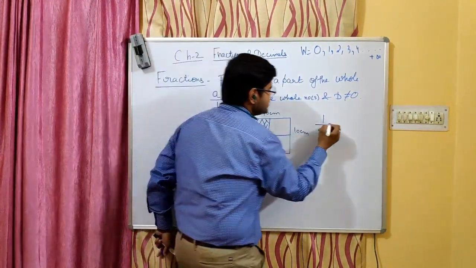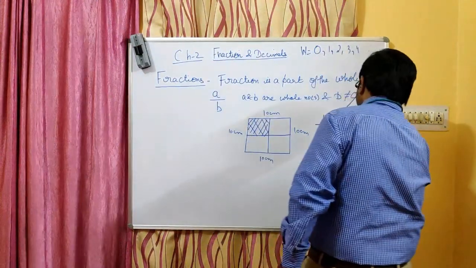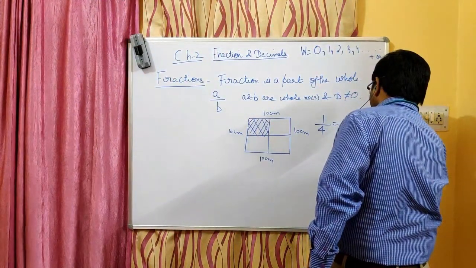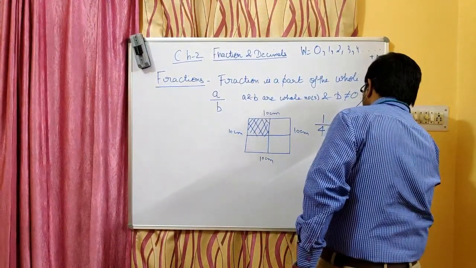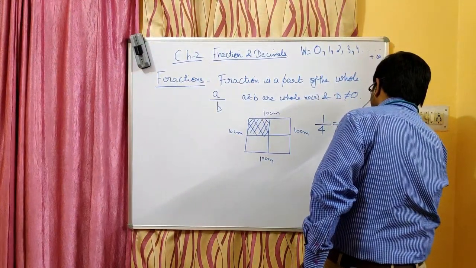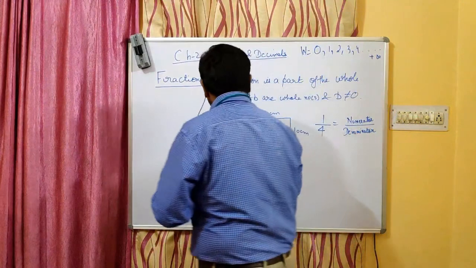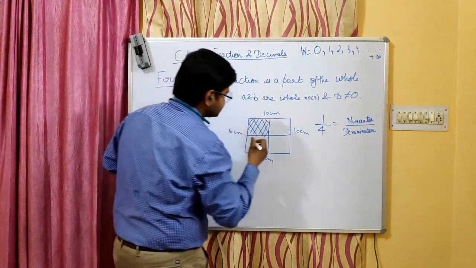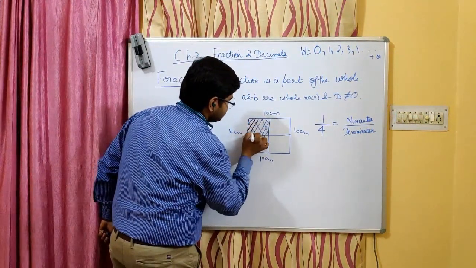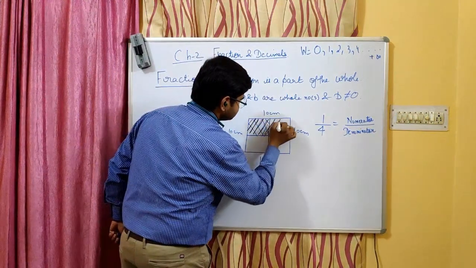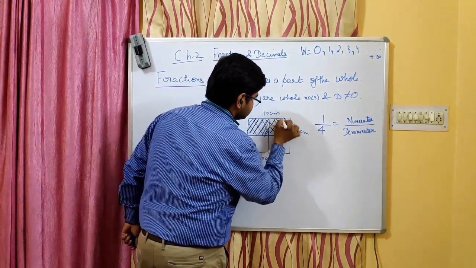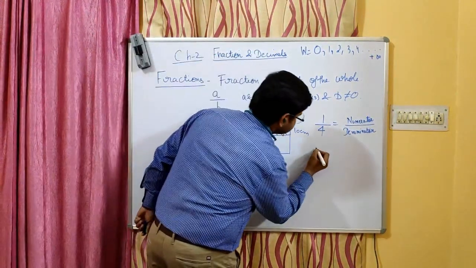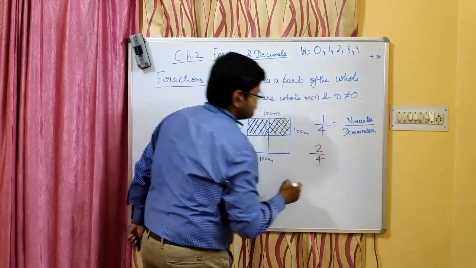Here 1 is the numerator and 4 is the denominator. Okay, and if I need to represent two parts, this one and this one also, then it will be 2 upon 4.